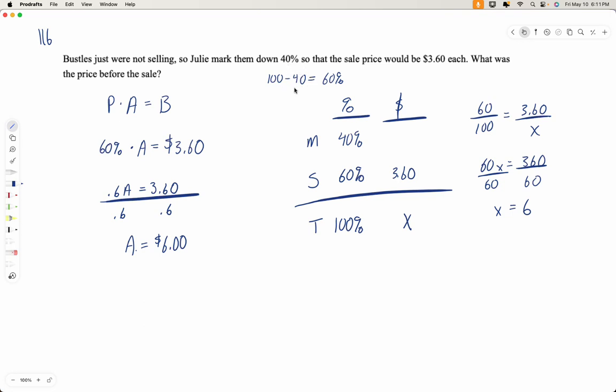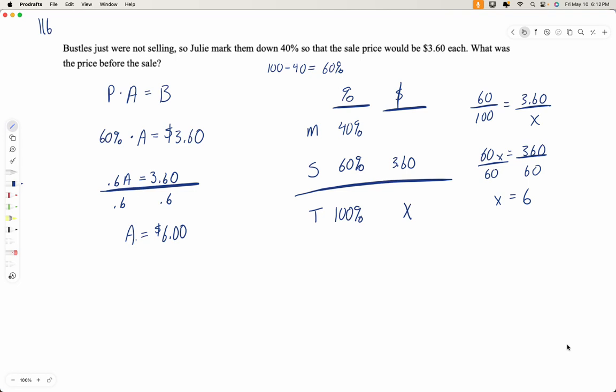So you've got to take the markdown off of the original price to see what they actually paid. And they paid 60% of the original price, which is why we said 60% times the original price gives us $3.60. So you've got to think it through and understand the logic behind the problem in order to put the right number where it needs to go. The table can help you see that a little bit more clearly. It's an extra step, and if you don't have to do it, that's great. But if you need to do it, do what you need to do so that you can get the problem correct, so that you can understand what's going on.